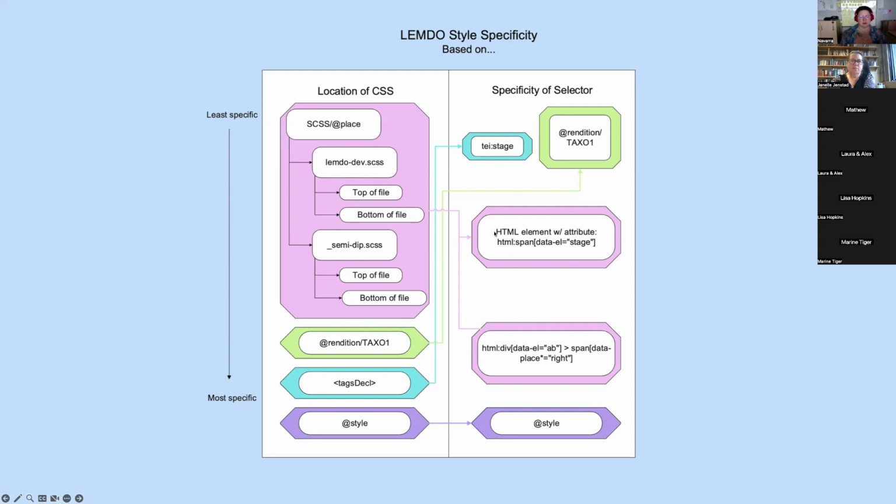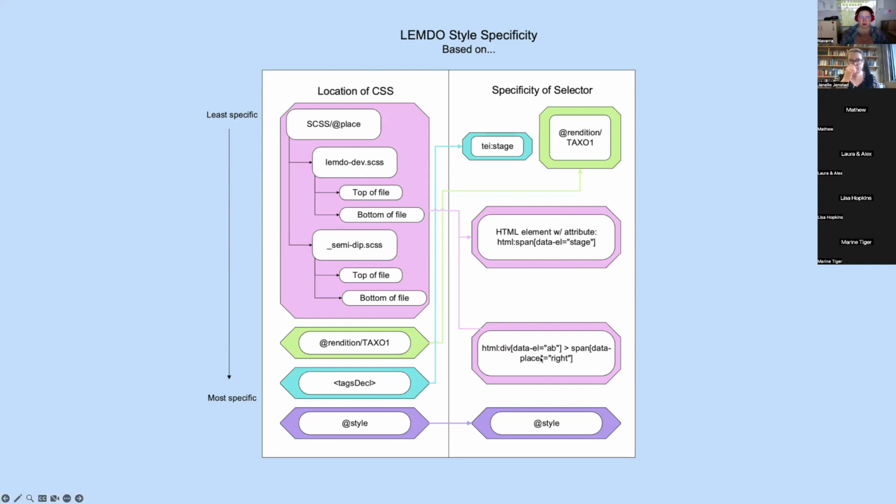So if you're seeing problems like my tagsDecl isn't doing anything, that's often what it is. And it's just sorting through what is styling and where the specificities are coming from. Within our SCSS, again, it depends on how you write your selector. So less specific is just your straight up element with an attribute. So that's that span with data-l stage we were looking at before. You can make it more specific by saying how it fits in with the document flow.